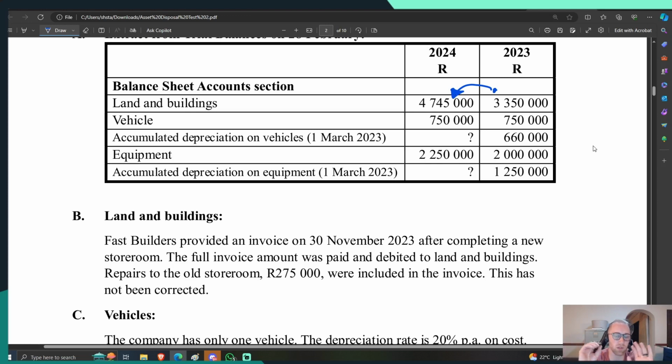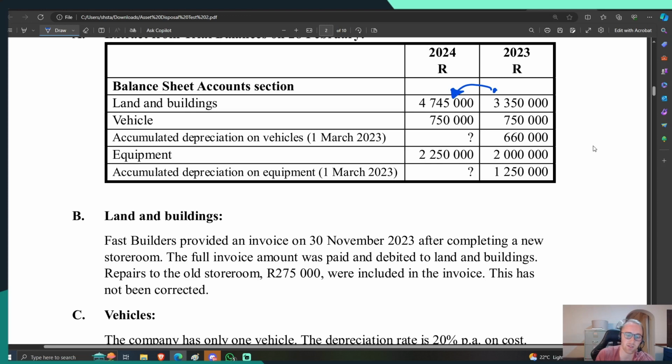So what we are seeing here is that we built a storeroom and repaired the old storeroom. The fees for both of those were put together in one invoice, but some of that should have been recorded as expenses, as repairs, which is an expense account, and some of it should have been recorded as Land and Buildings, an asset account.